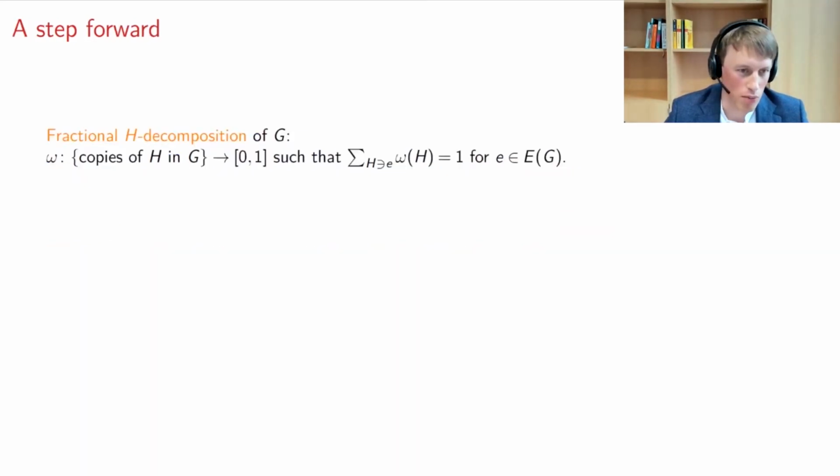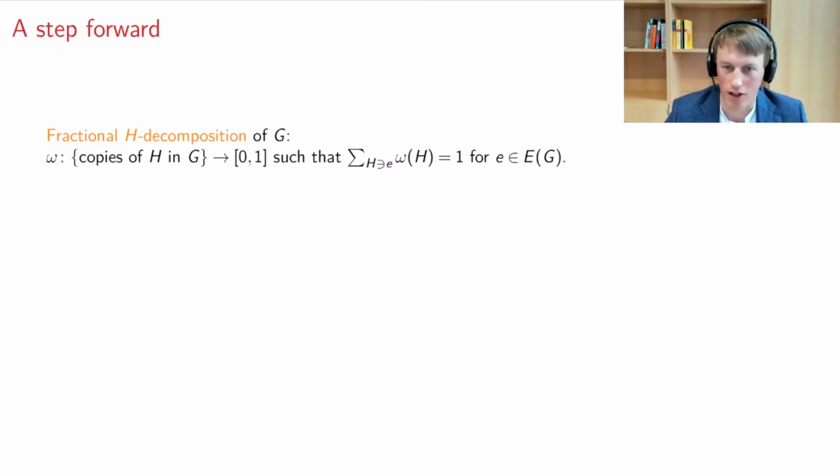So let's relax the problem. In a similar fashion as when you go from integer linear programming to linear programming, you just ignore the integer requirement. So instead of saying you either take this triangle or you don't take it, you're allowed to take it by half or a quarter or something like that. So you have the copies of H in G, or for simplicity, the triangles, and you no longer say 1, I take it, or 0, I don't take it.